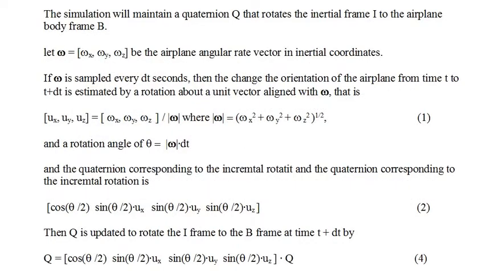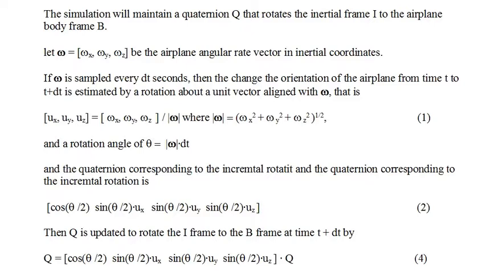Let Q be the quaternion that rotates the inertial frame to the airplane body frame, and let omega be the angular rate vector for the airplane at time t. Then we can construct a quaternion that represents the rotation the airplane will experience in the next dt seconds as follows. The total angular rate is given by the norm of omega, and the axis of rotation is given by omega divided by its norm, as shown in equation 1.